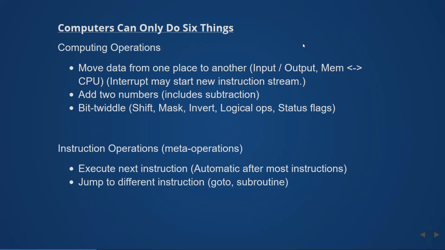It can also jump to a different instruction, as it'll do in a go to a subroutine or other structure, which I'll get to in a minute, or it can just stop that particular process. So everything anybody does is basically these 6 operations.